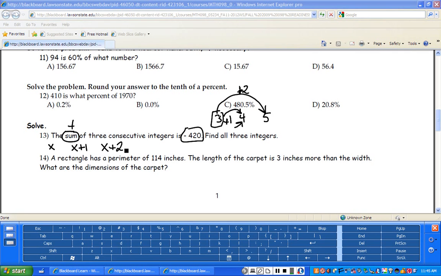So the first number is x, the second number is x plus 1, and the third number is x plus 2.